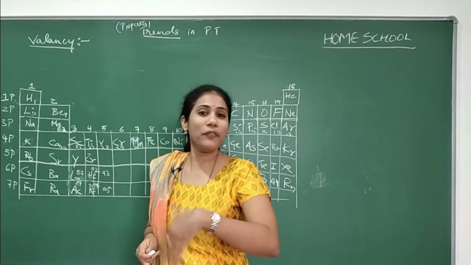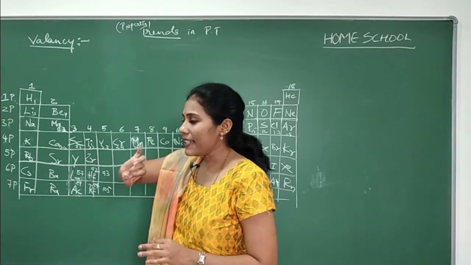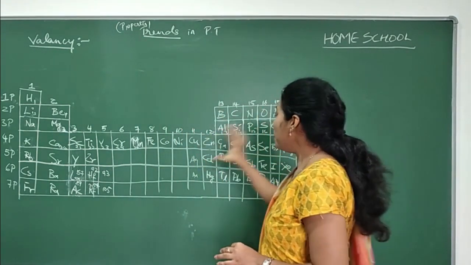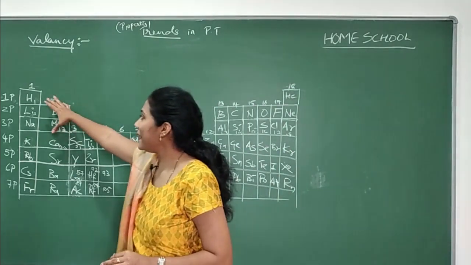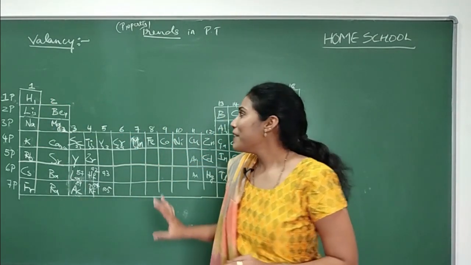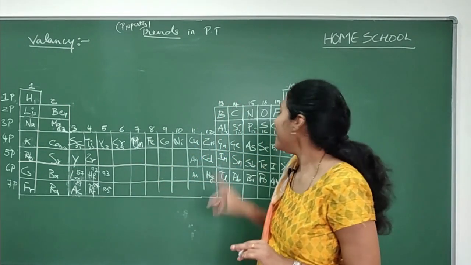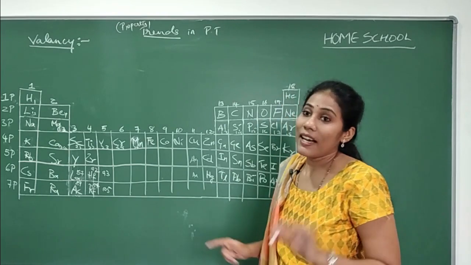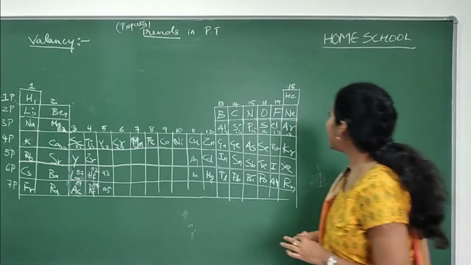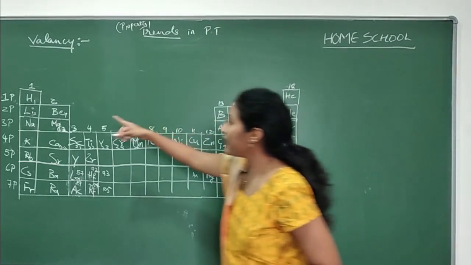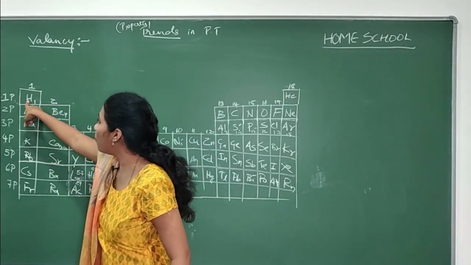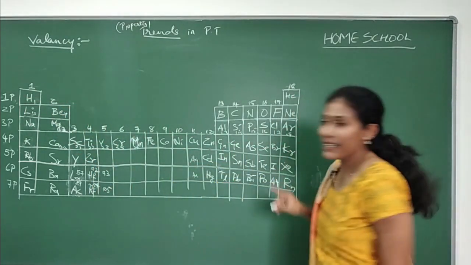Before we go to valency, let us discuss how many elements are present in each period. This is also an important aspect that you have to remember. Coming to the first period, how many elements will come in the first period? The first period includes only two elements, hydrogen and helium.